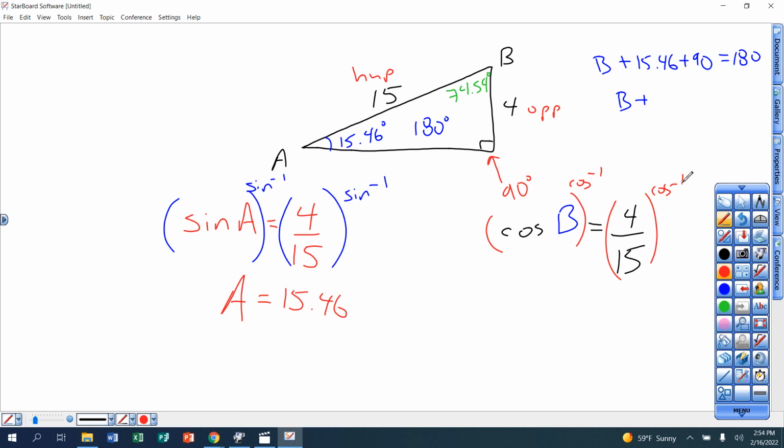So that gives me inverse cosine of 4 divided by 15. It should be close to 74. Yep, right on the nose. 74.53. Yeah. So you see how you could get that angle two ways?